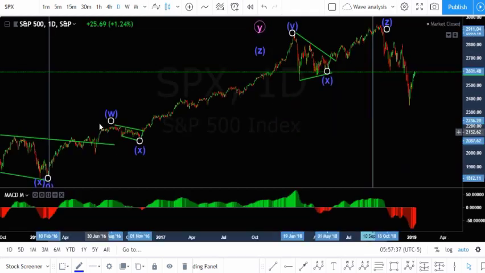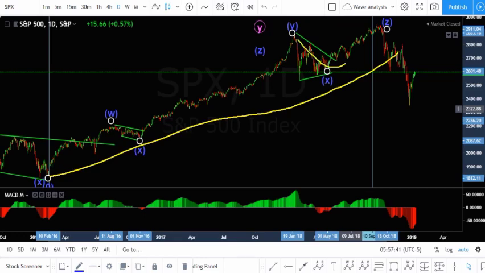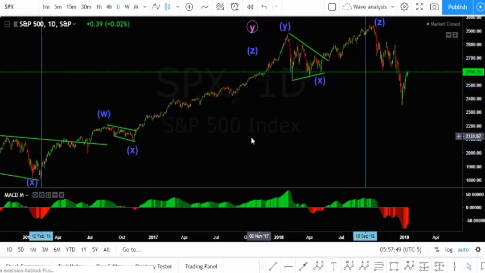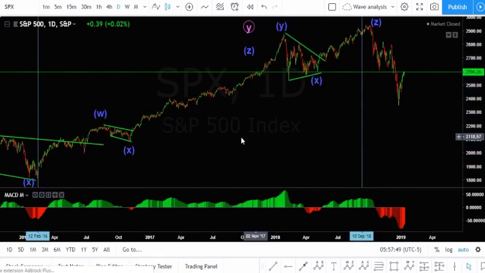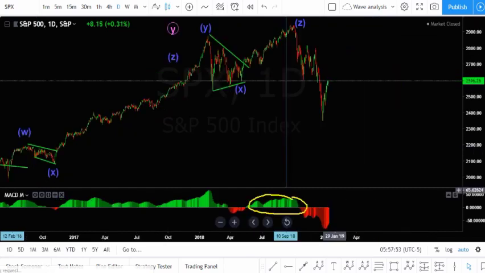But you have to start at the, like we did it, you have to start here at the bottom, and then it becomes WXYXZ. And now we are forming a much higher degree correction.